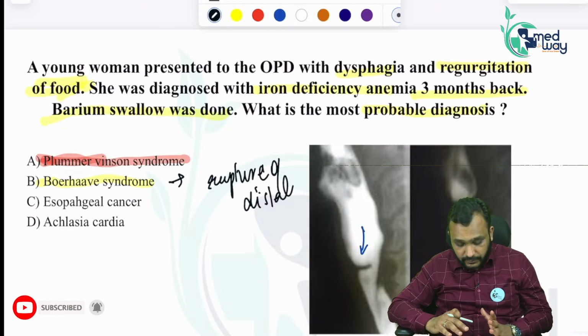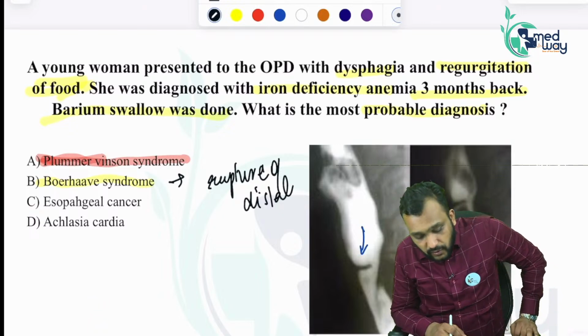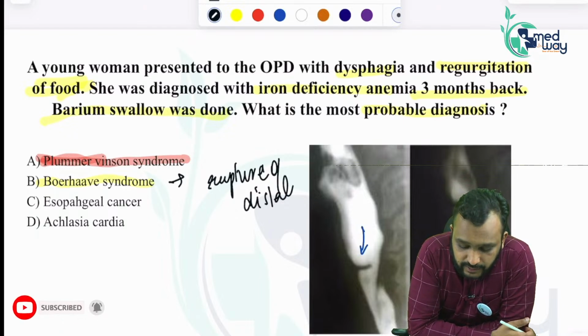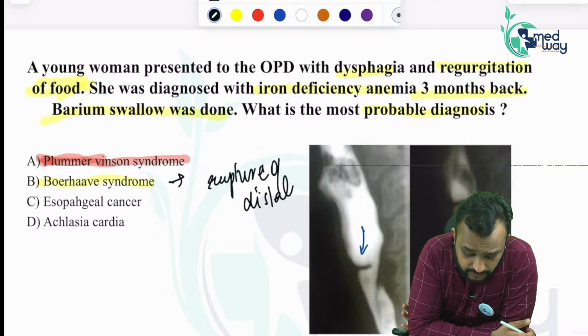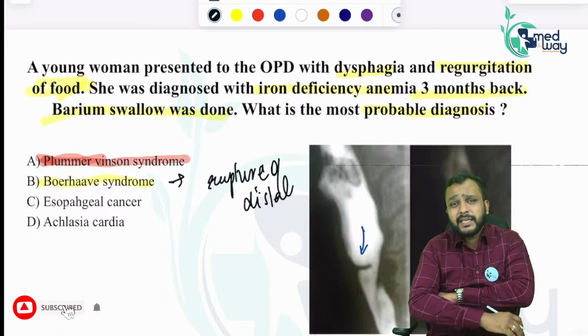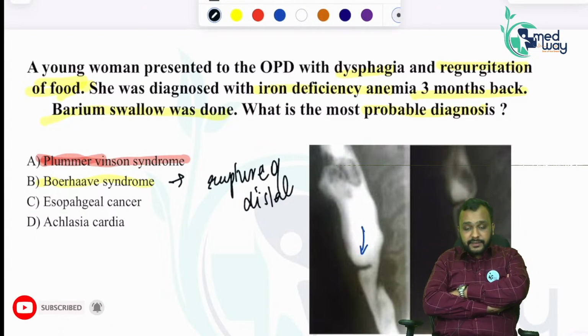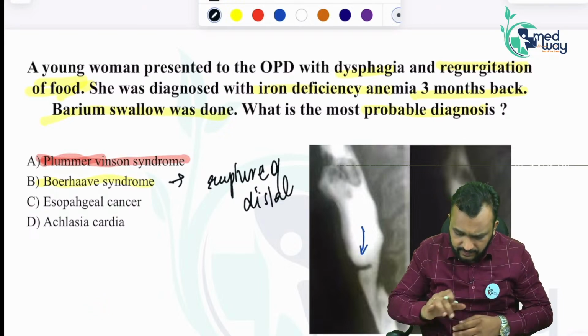If you do a barium swallow for this patient, you will see leakage of contrast into the mediastinum and into the lungs. And also you will see pneumomediastinum in these patients.